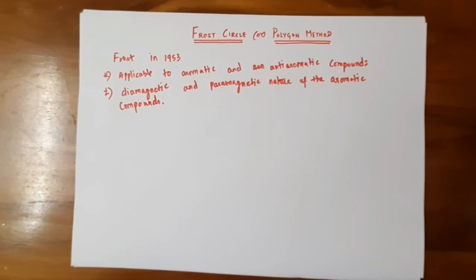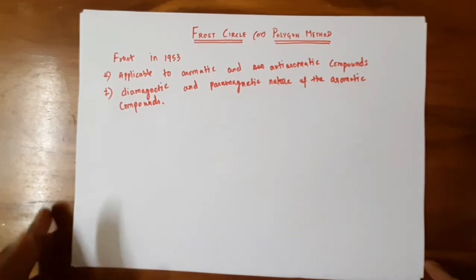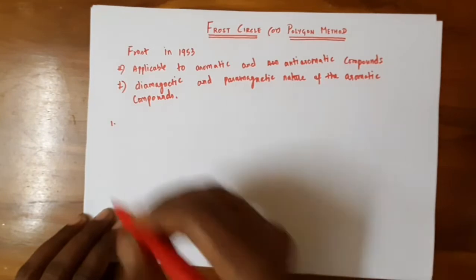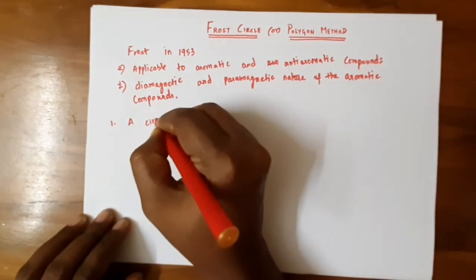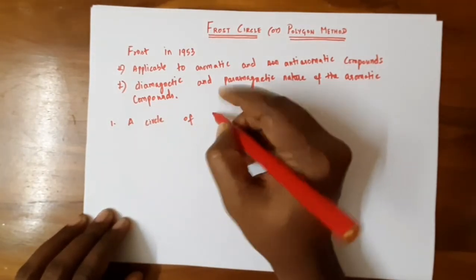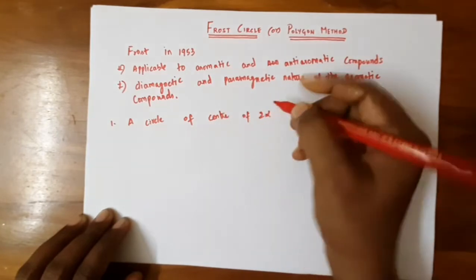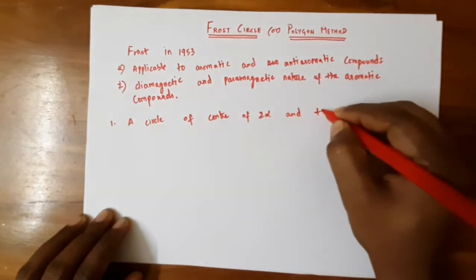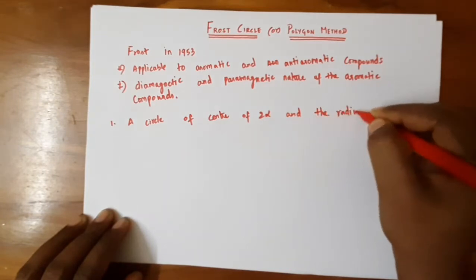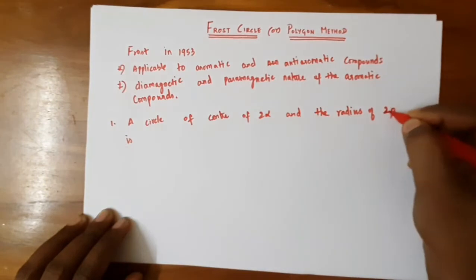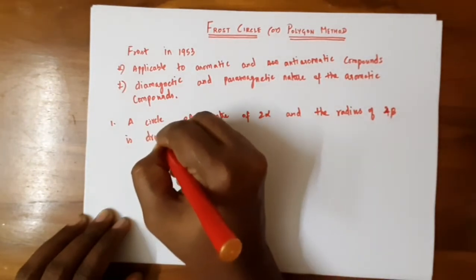There are some criteria to draw the Frost circle. Let's see the criteria. The first criterion is that a circle with center at 2 alpha and radius of 4 beta is drawn.